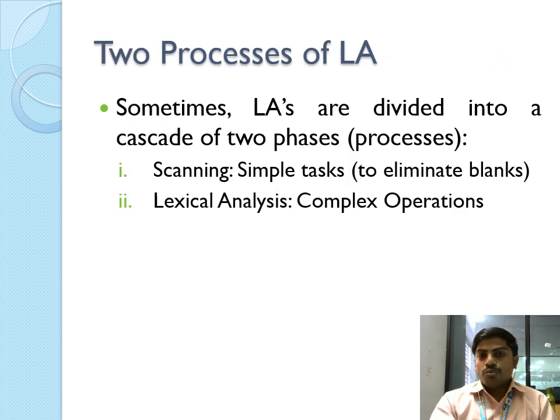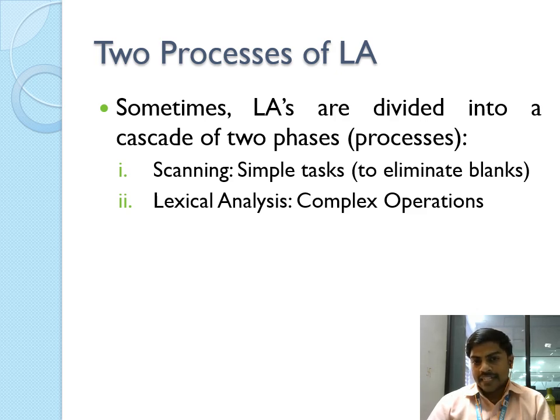There are two processes that a lexical analyzer does. The entire task of lexical analysis is split into two processes: one is scanning and the other is lexical analysis. The first process merely eliminates blanks and unnecessary white spaces and the like from the program in order to get the actual skeleton of the program.